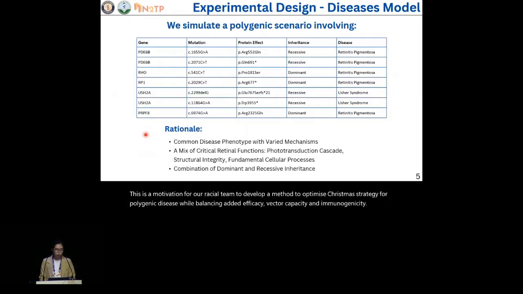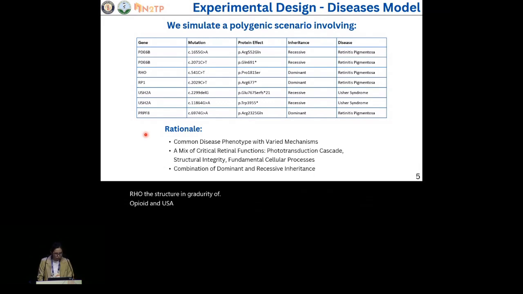This slide is about the polygenic scenario that we simulate on the selected genes integrated with IRD disease. They are retinitis pigmentosa and Usher syndrome, and these genes also show a mix of critical retinal functions like the phototransduction cascades of PDE6B and RHO, the structural integrity of RP1 and USH2A, and the fundamental cellular process of PRPF31.